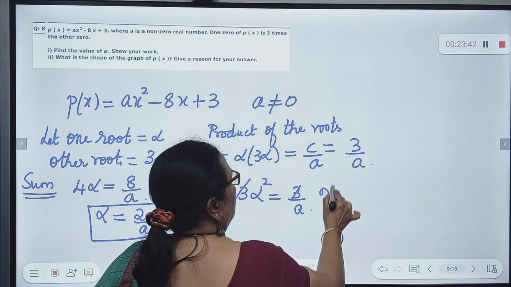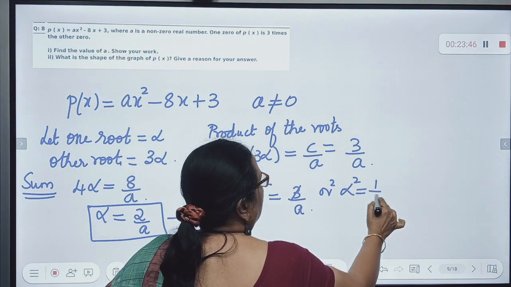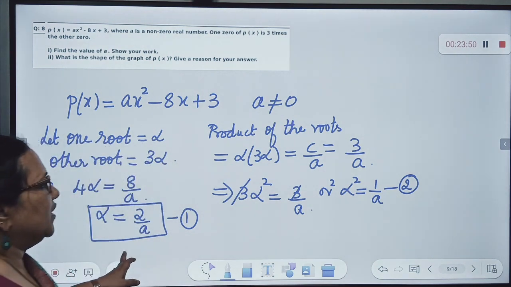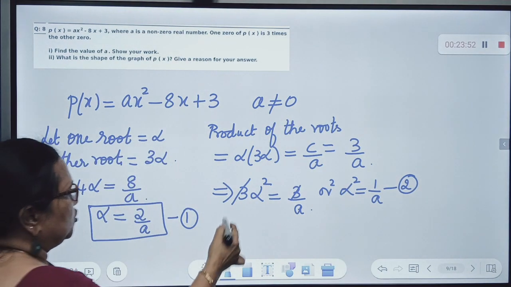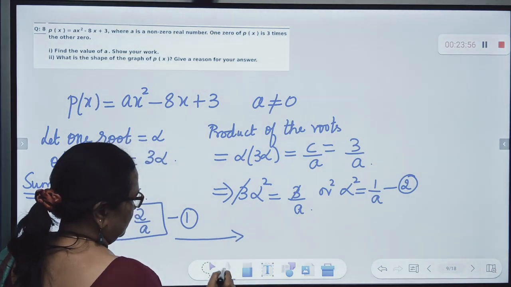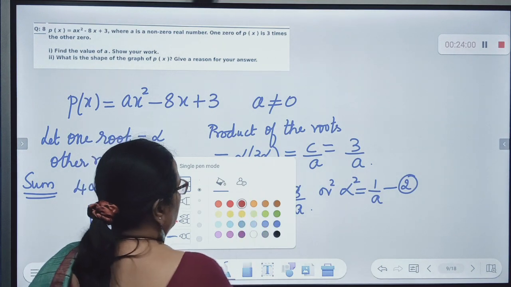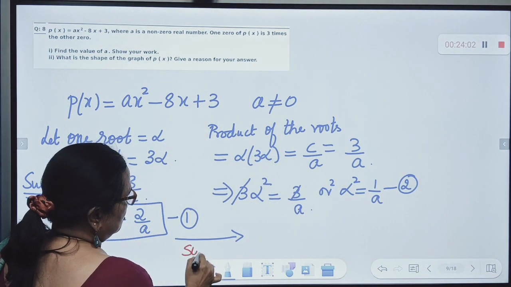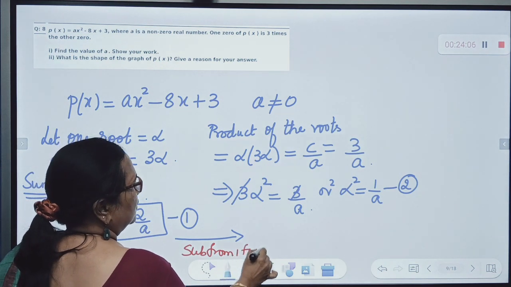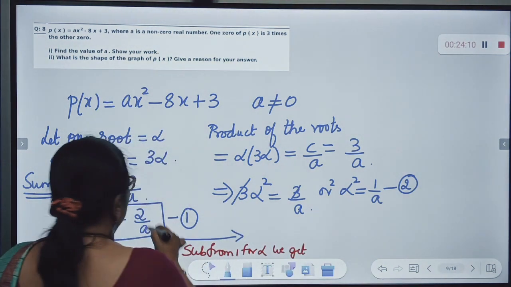Or alpha square equal to 1 by a. This is equation 2. From here you have alpha equal to 2 by a. So I am substituting from 1 for alpha, we get, what is alpha? 2 by a.